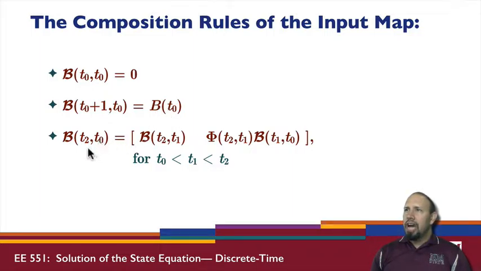If we go from t naught to t2, the input map goes from t1 to t2 and from t naught to t1. And so we have these expressions for the input map. So we have a telescoping that occurs in all of this. So these are the composition rules of the input map.